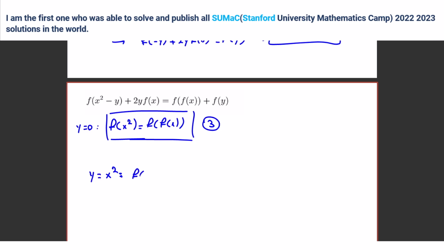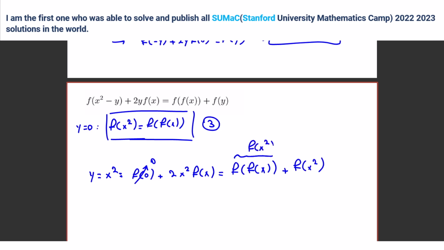So here it would be f of 0 plus 2x squared f of x is equal to f of x plus f of x squared. This one is 0. So f of x is also f of x squared. We found a relationship. F of x squared is equal to f of x. Also it is equal to what here?